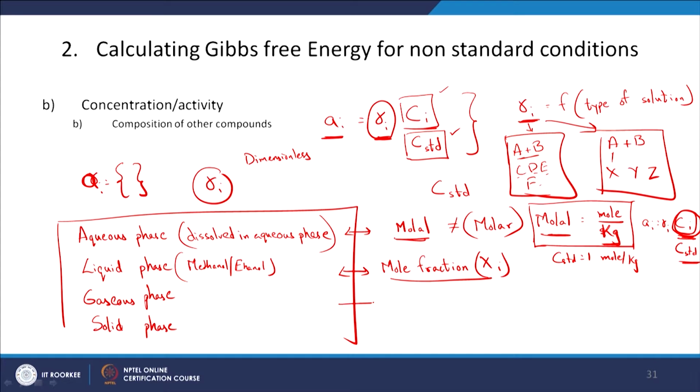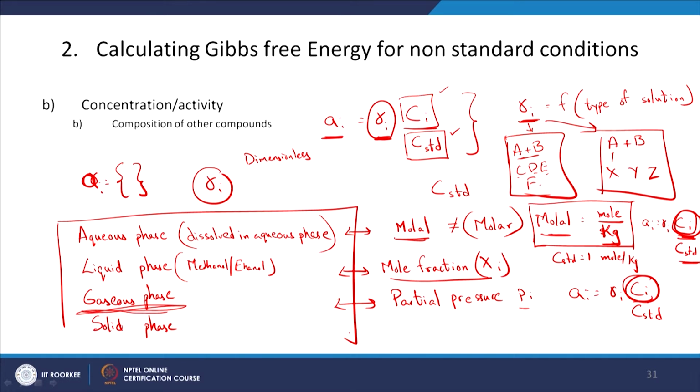And for the gaseous phase, we are going to have partial pressure, which you can relate to the mole fraction and so on. But again, when you write down Ci by C standard, the units need to be in terms of partial pressure when you are looking at concentrations or reactions in the gaseous phase.